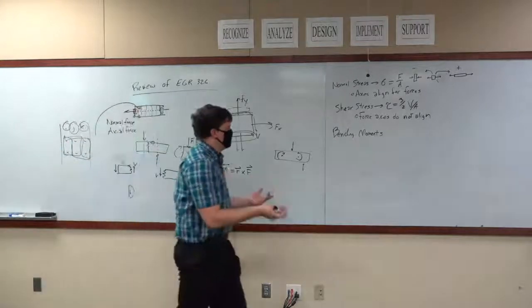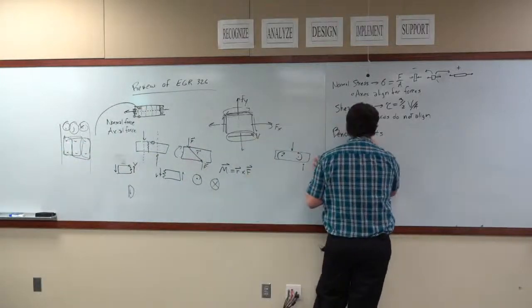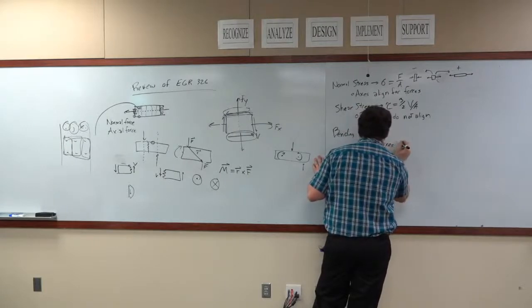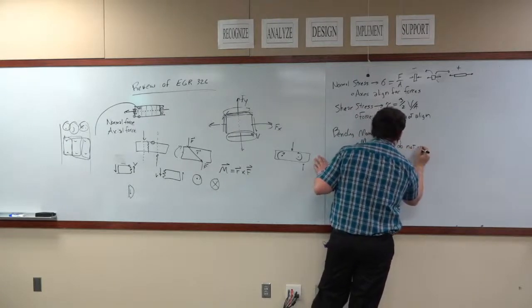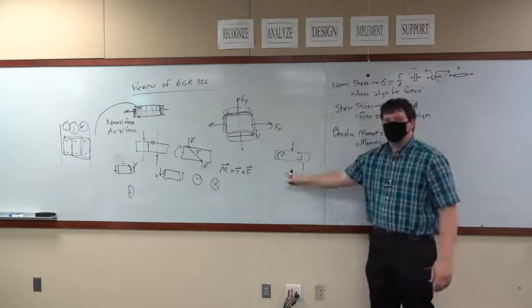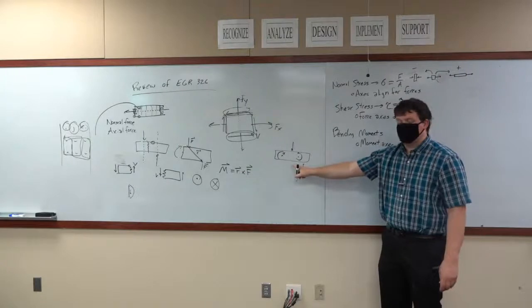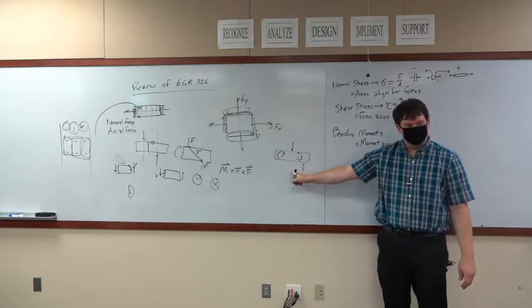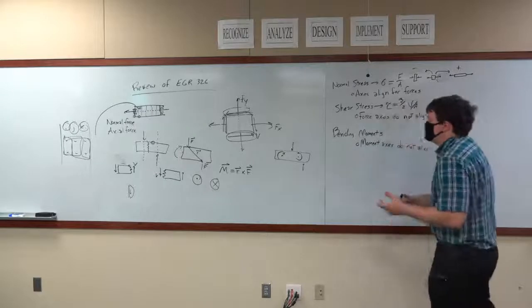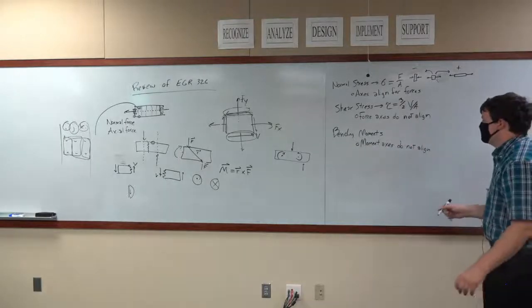So with a bending moment, your moment axes do not align. And again, you can draw them and have those moments not be on top of each other in this view. That's a good signal that they're not aligning. Okay?